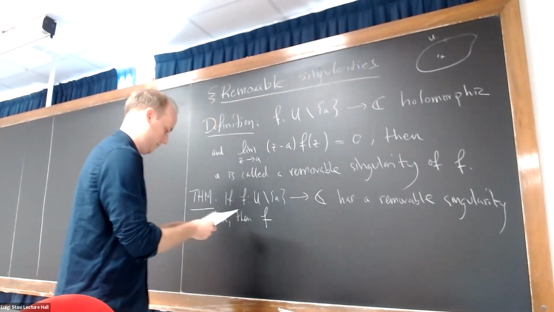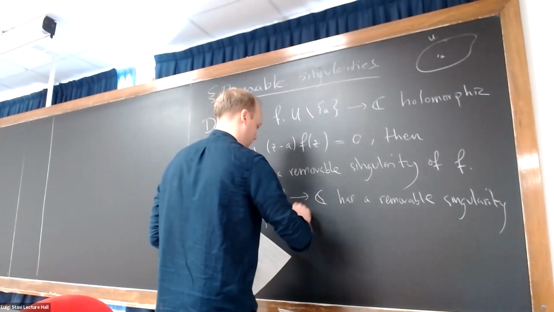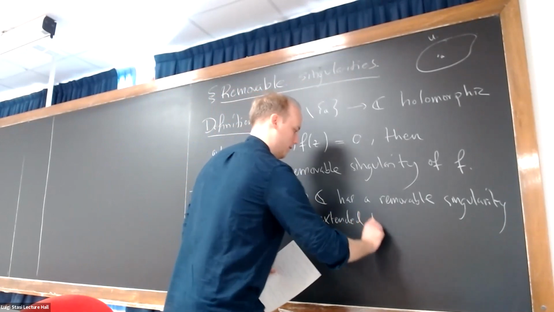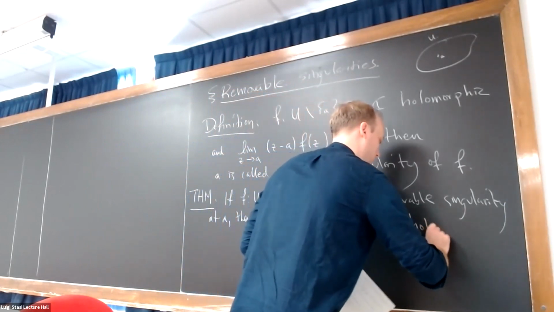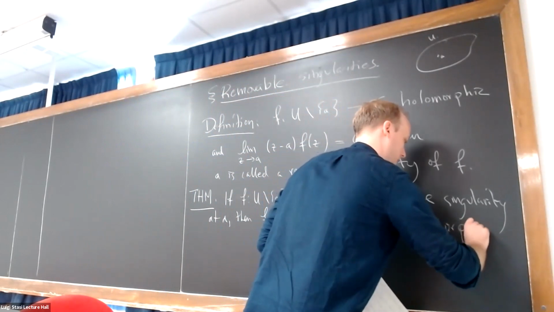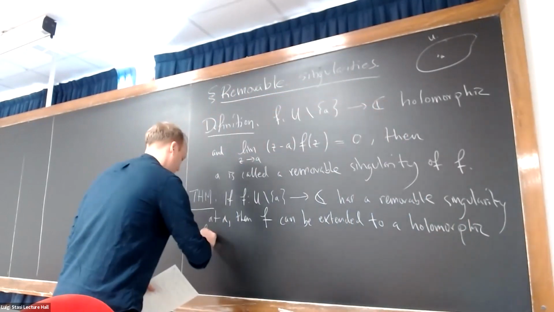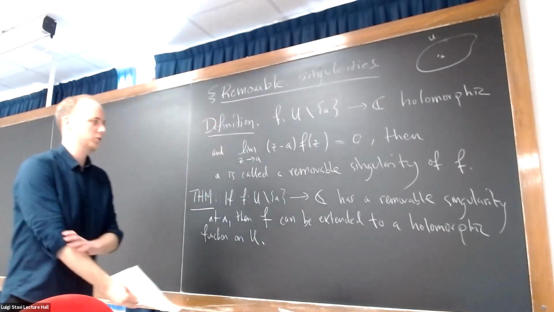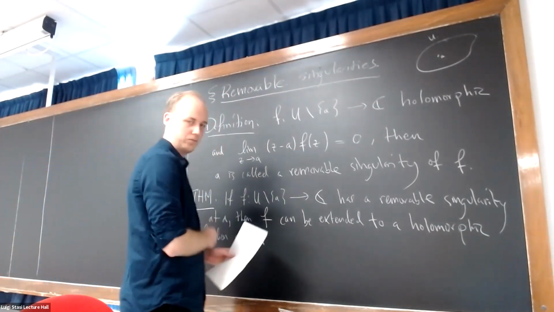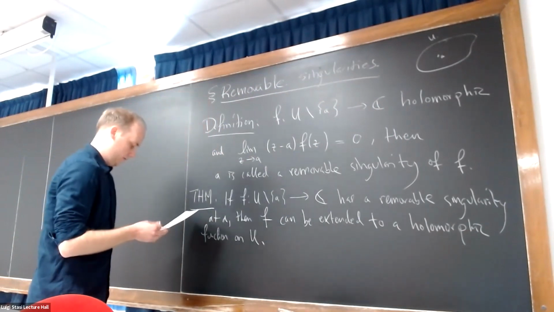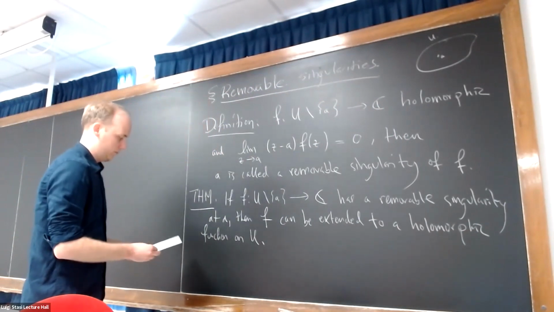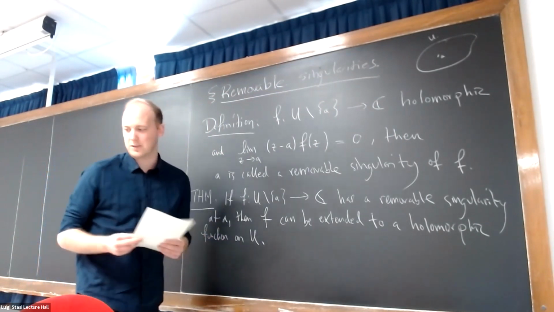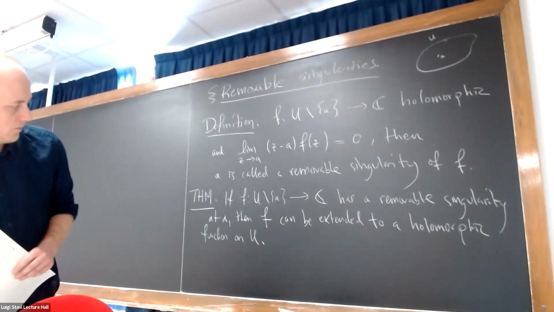then actually f can be extended to a holomorphic function on U, on all of U. Okay, so an example would be something like sine z over z or something like that.